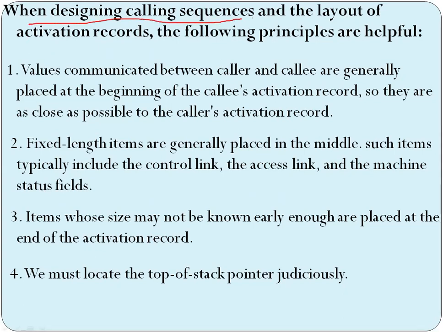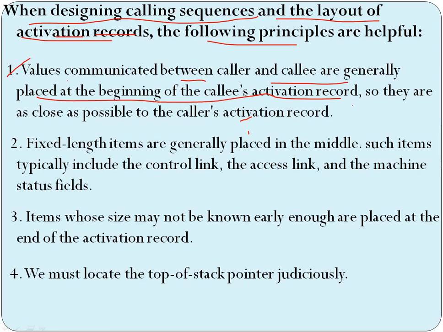When designing calling sequences and the layout of activation records in the stack area, the following principles are helpful. First, the values communicated between caller and callee are generally placed at the beginning of the callee's activation record so that they are as close as possible to the caller's activation record.